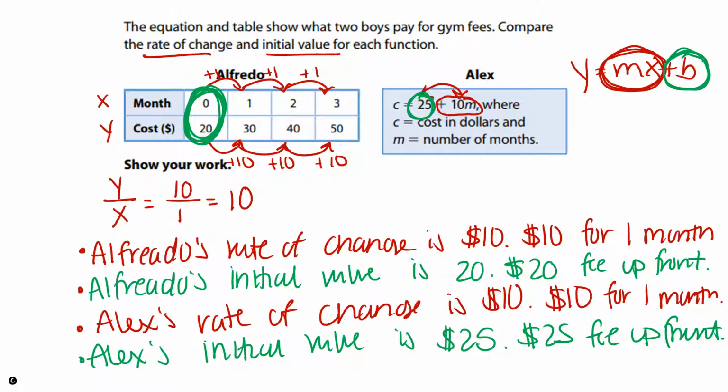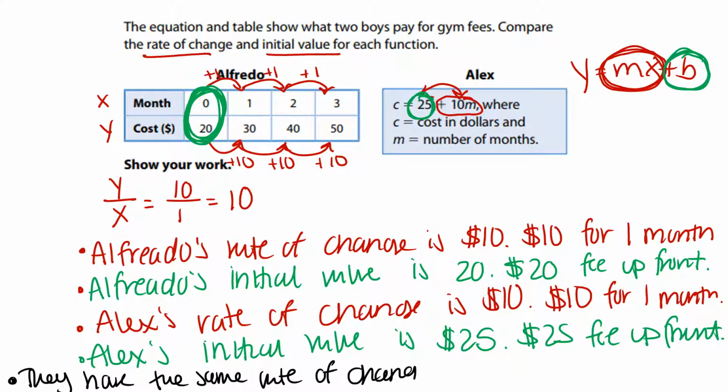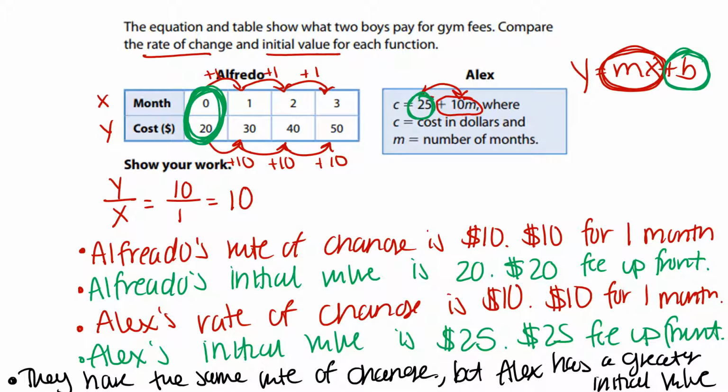And so for our overarching statement, we can say that they have the same rate of change, but Alex has a greater initial value. You could also say they have the same rate of change, but Alfredo has a lower initial value. Either statement is fine.